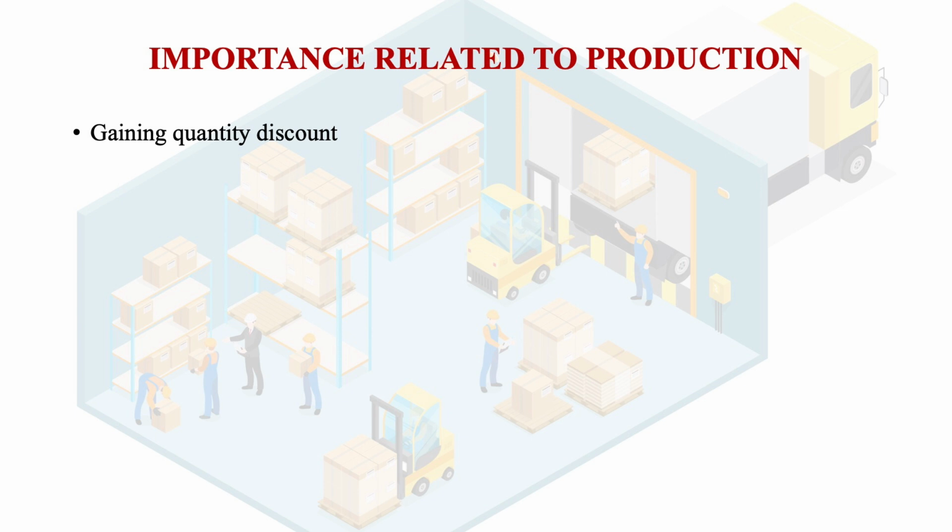Gaining quantity discount: if you have sufficient items and many items have become obsolete or aged, then we can sell the items at a discount. The other way, if the market is going to be very slow, then we can procure raw materials at a lower cost in huge quantities, so that our production cost is minimized.